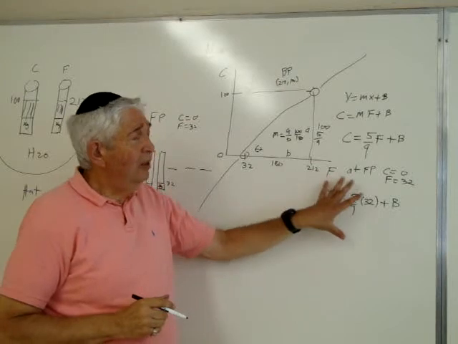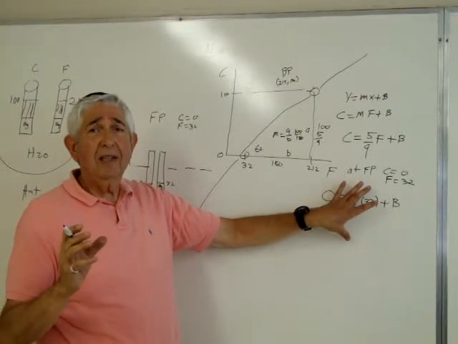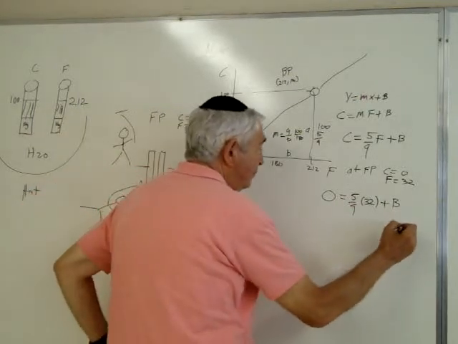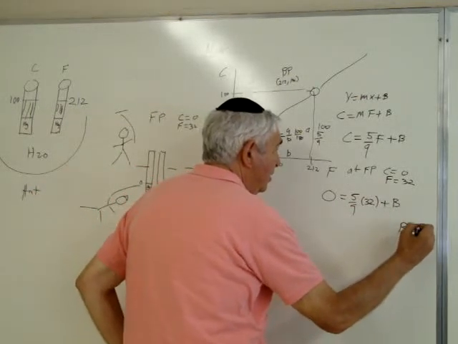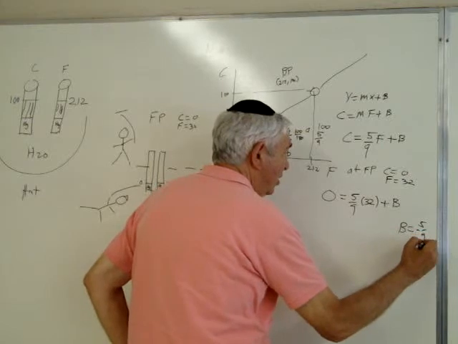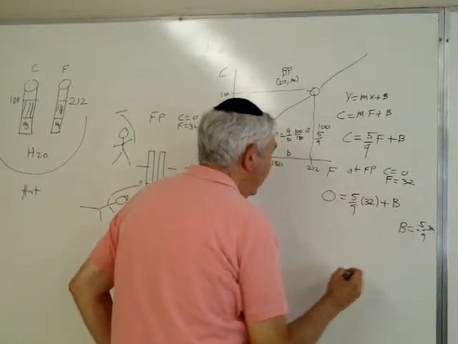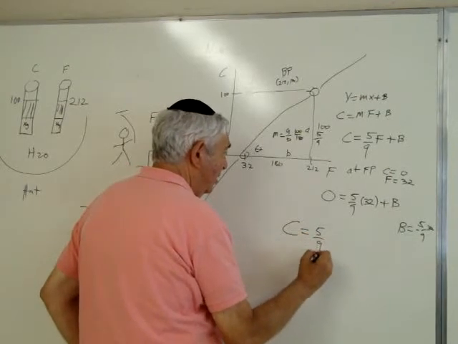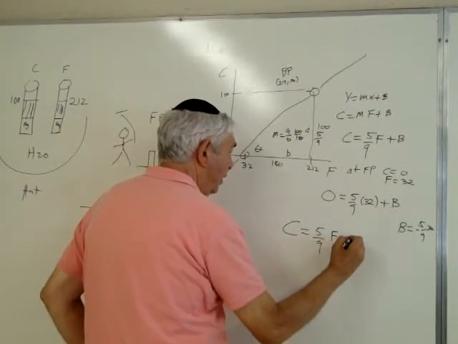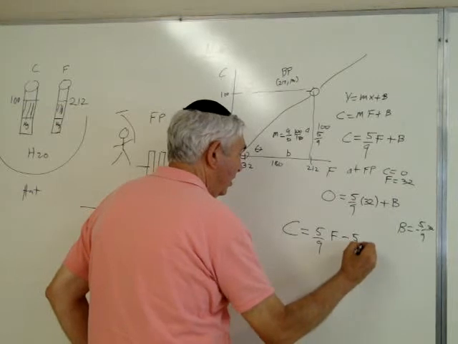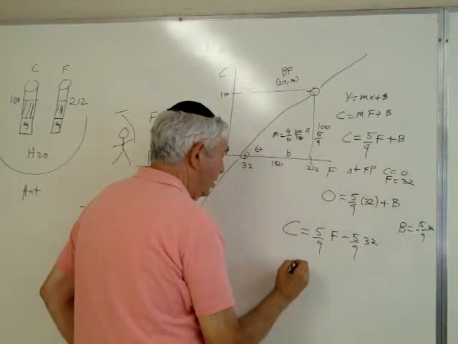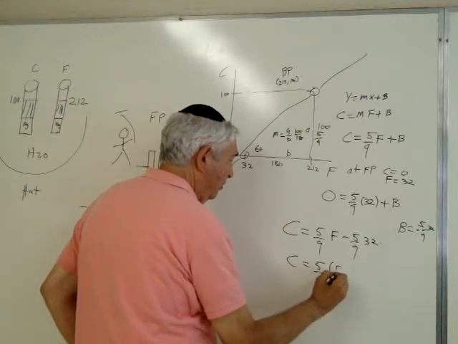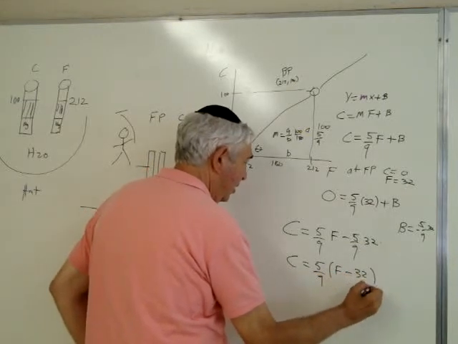If you say 0 equals a plus b, b has to equal minus a. So b is minus 5/9 times 32. And the equation becomes Celsius equals 5/9 F minus 5/9 times 32, where Celsius equals 5 over 9 times F minus 32.